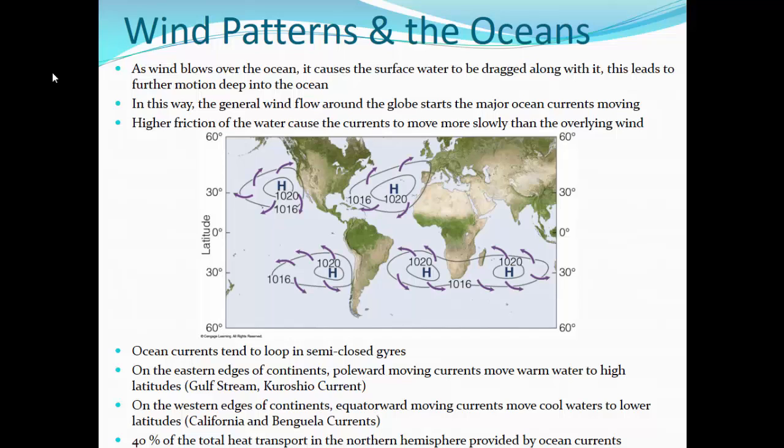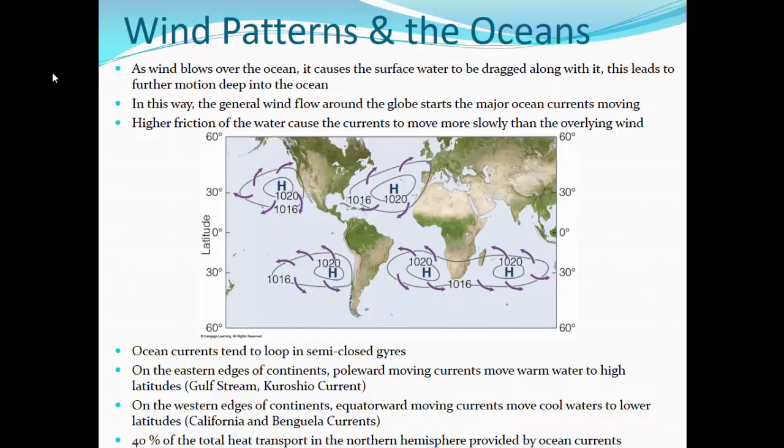But in this way, with those belts of high pressure at the 30 degrees north and 30 degrees south lines, whether they're the Bermuda-Azores high in the North Atlantic or the Pacific high in the North Pacific, there is a clockwise flow around those belts of high pressure in the northern hemisphere. Of course, in the southern hemisphere, it's a counterclockwise flow around high pressure.